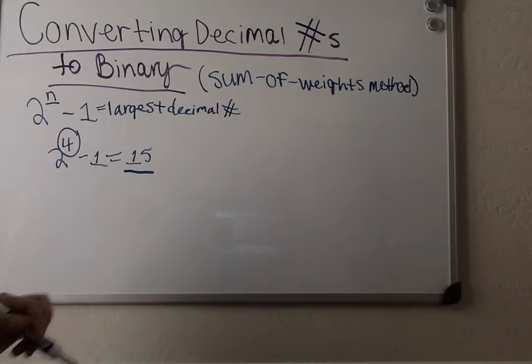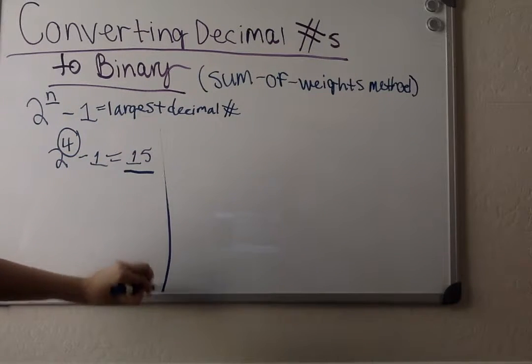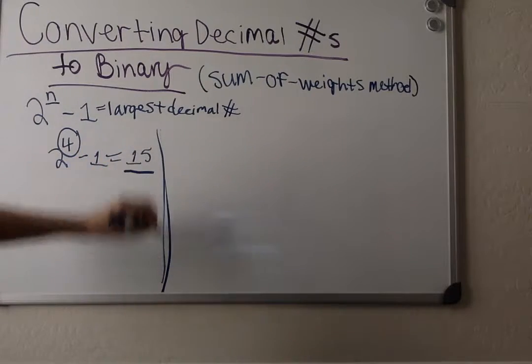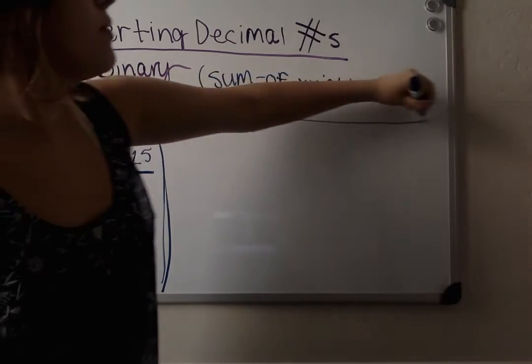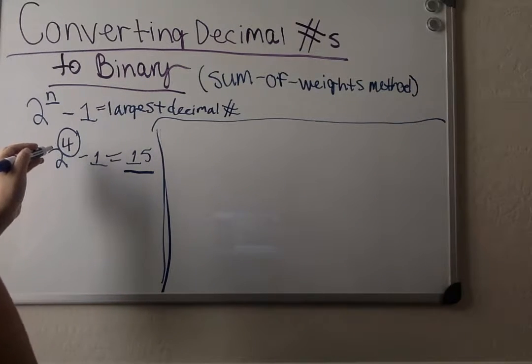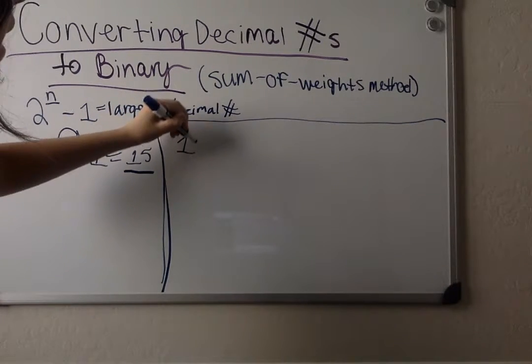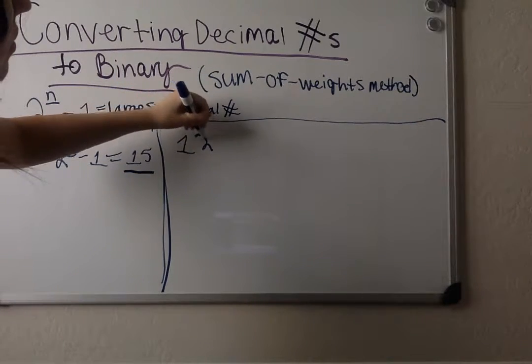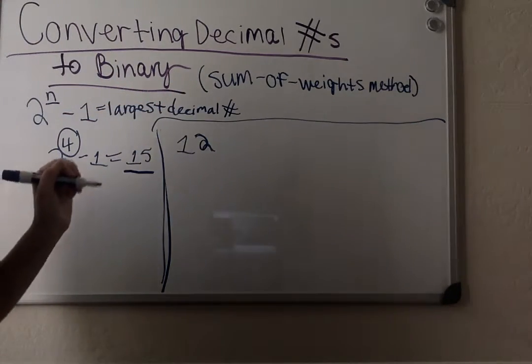Now let's do an example of how we actually convert the decimal to the binary. Some very easy ones. For instance, let's consider 4 bits, and let's try to find the binary version of 12 using the sum of weights method.